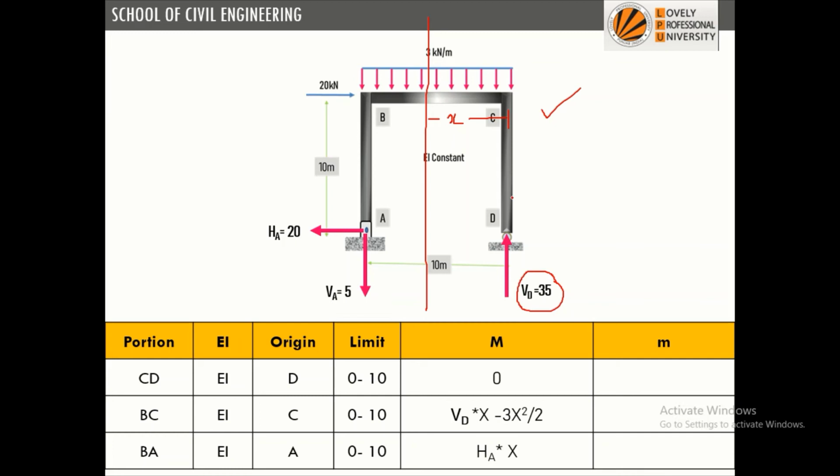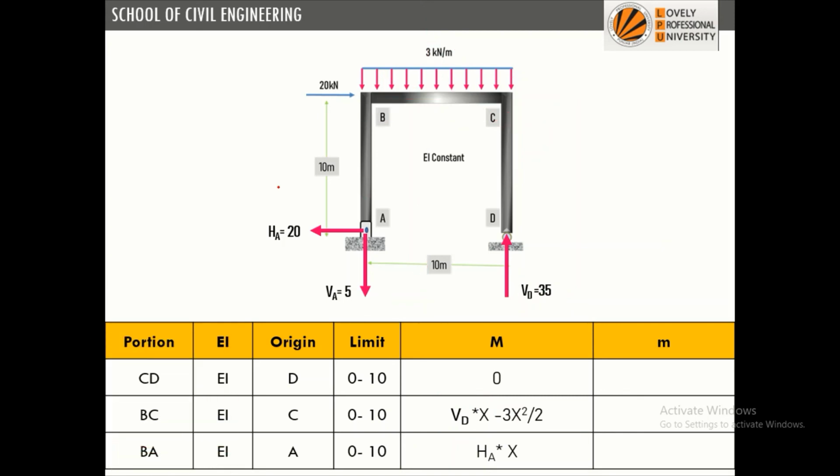It is sagging, because this member BC is going to be deflected like this. This is a sagging shape, so we call it positive. So plus VD into x. And what about the UDL? Bending moment of UDL will be wx square by 2, so w is 3 into x square by 2. Why minus sign? Because it will have a tendency to bend the member like this. This is hogging, so we'll consider it as negative.